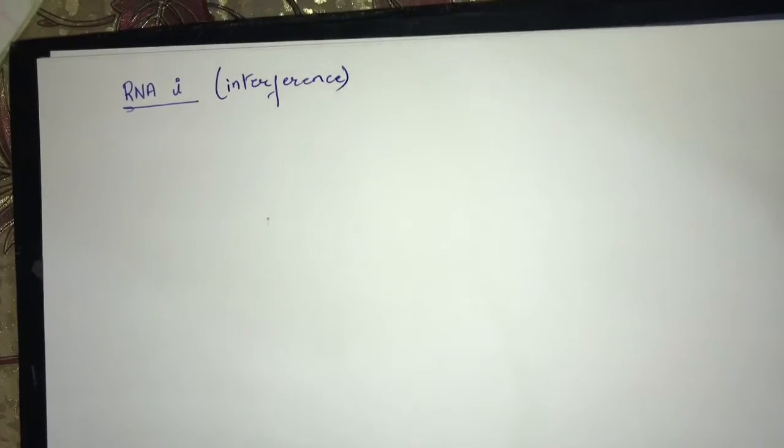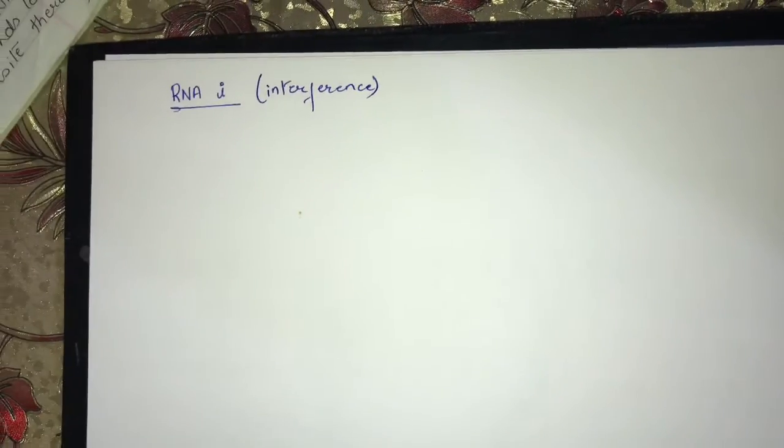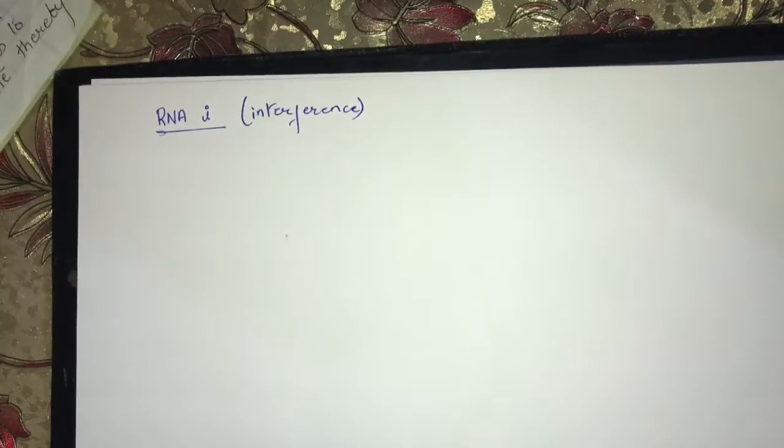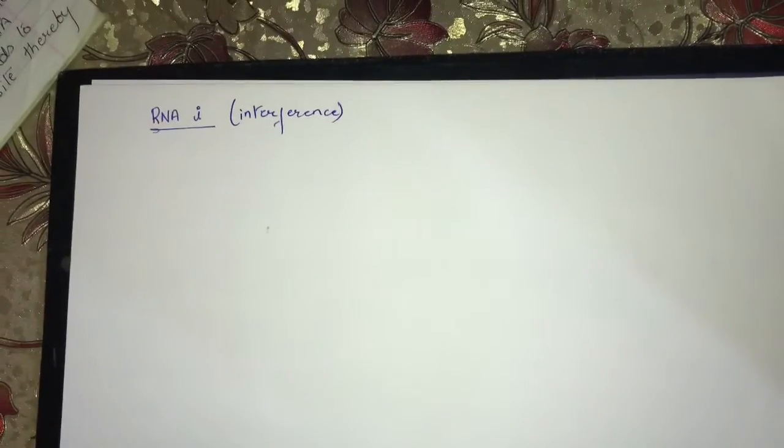Now how are disease resistant plants obtained from RNA interference? That is another question. How can we obtain plants which are resistant to diseases or any kind of pathogens? How are that kind of plants obtained from this technique, that is RNA interference?